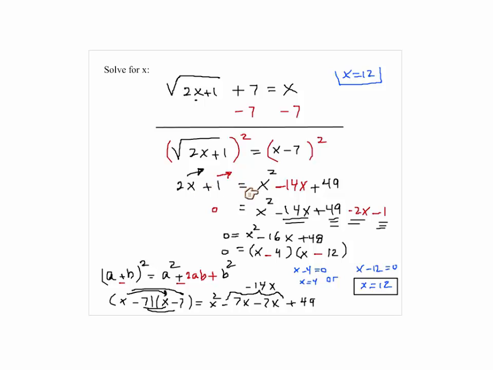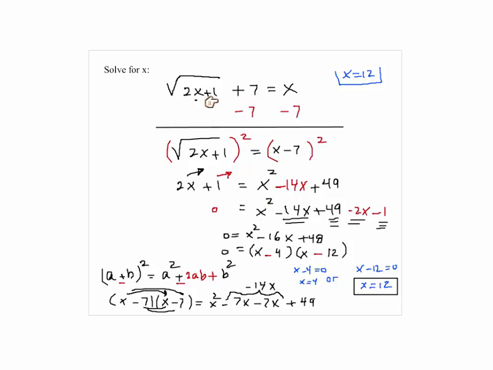You have to do it twice. If you cannot isolate the radical, you at least separate the radicals, and you square one time, and then separate them and square again. Look for the sessions I have for the example where you cannot isolate the radical, then you have to do this process twice.